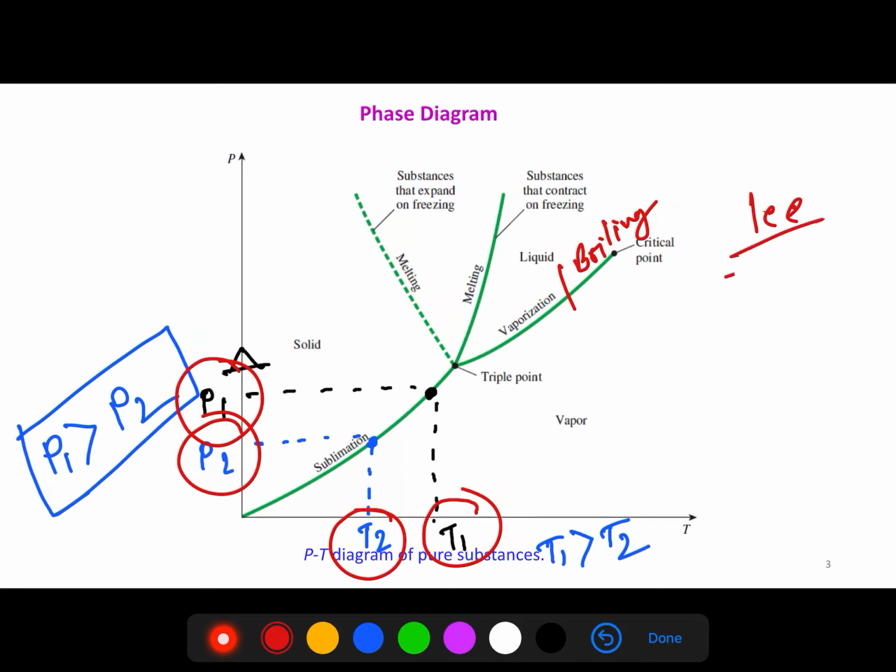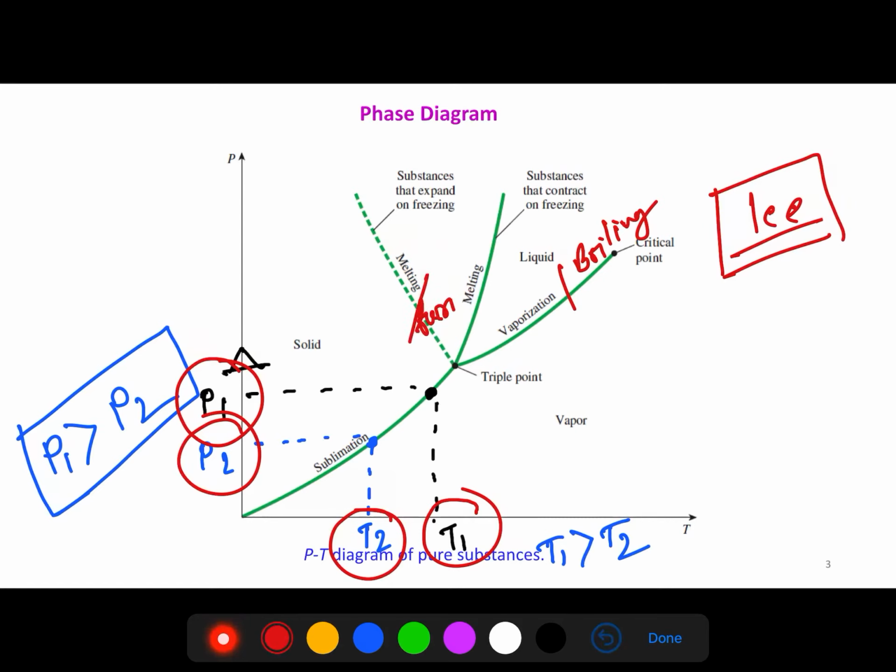For ice, we look at the saturation pressure and the saturation temperature of fusion. You can say this process is melting or fusion. Fusion, I can write it clearly here. So that's the process, melting or fusion.